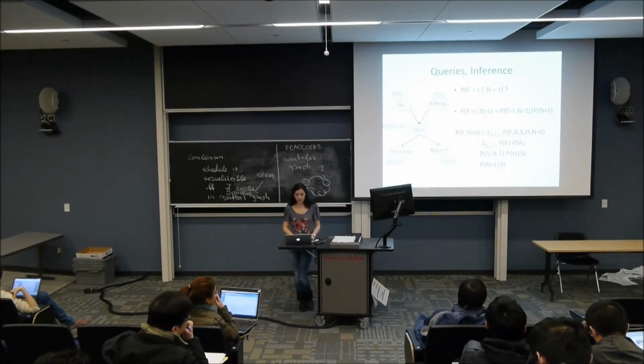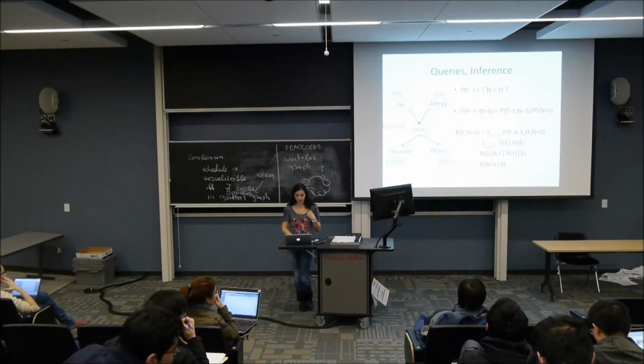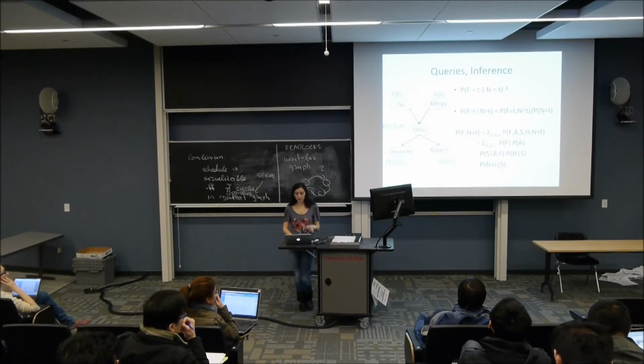Okay. So let's find this first. The probability of flu being true given that n is true. Okay. So we're going to do that by looking at the joint that we derived in the previous slide here. Okay, and we're going to instantiate the evidence, so we're just going to fix n to be true.